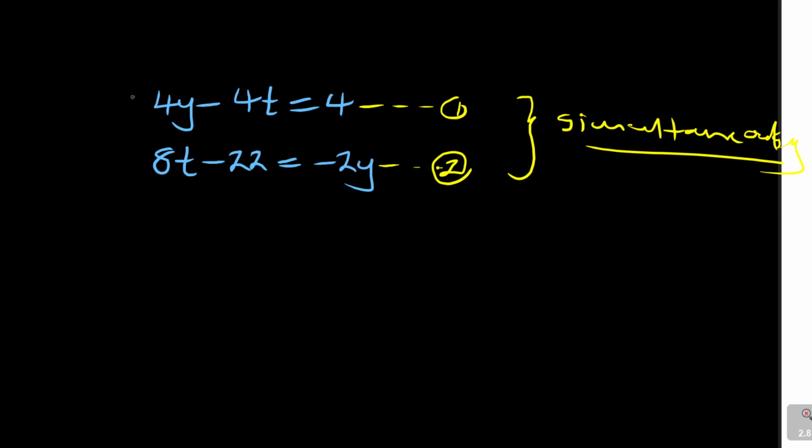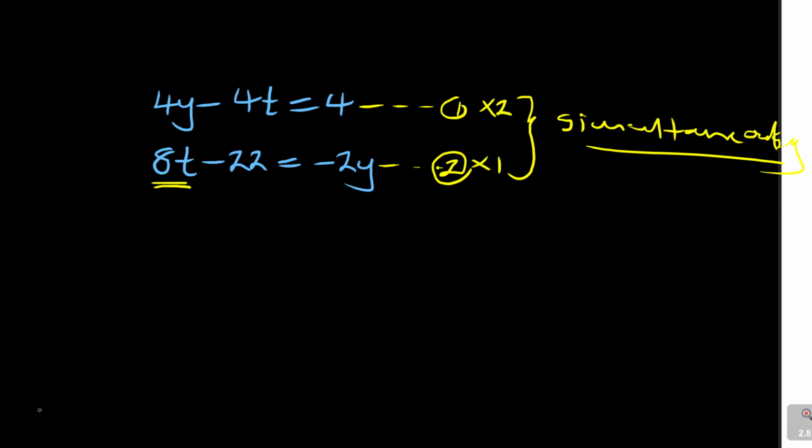Guys, it's up to you how you want to go about this. But what I can suggest is I can use the simpler elimination method instead of substitution, so I want to eliminate 8t. Remember simultaneous equations? I can multiply this by 2, this one by 1.